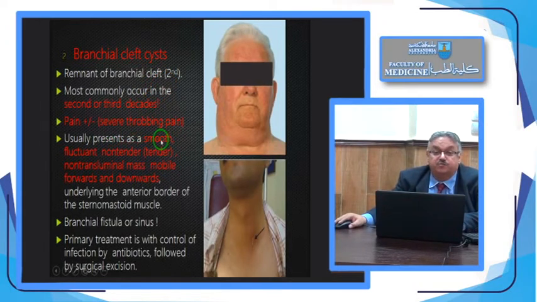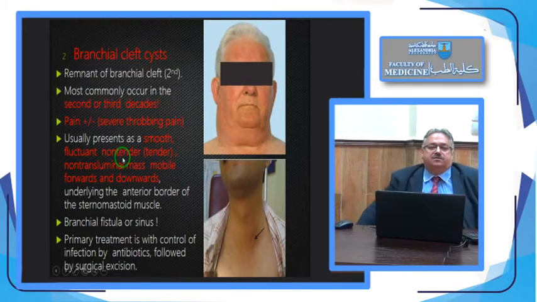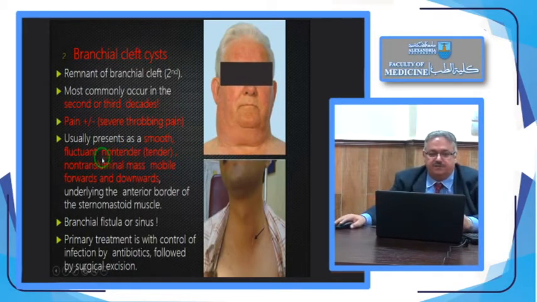Usually it presents as a smooth, fluctuant mass, non-tender if it is not infected, or tender if it is infected, and non-transilluminant. You remember the cystic hygroma was brilliantly transilluminant, but here it's a non-transilluminant mass.